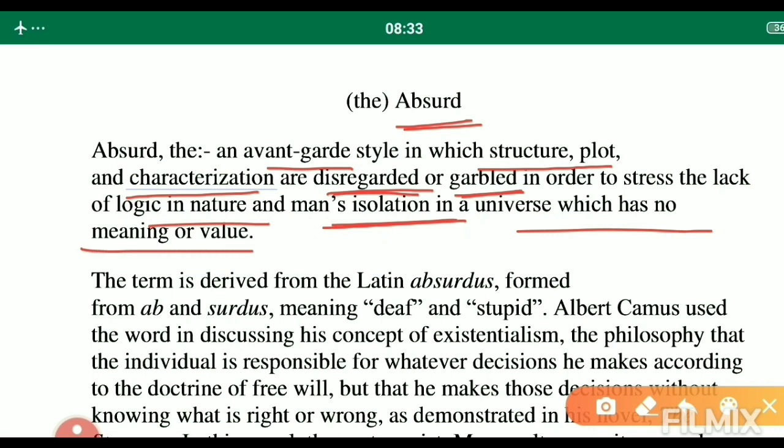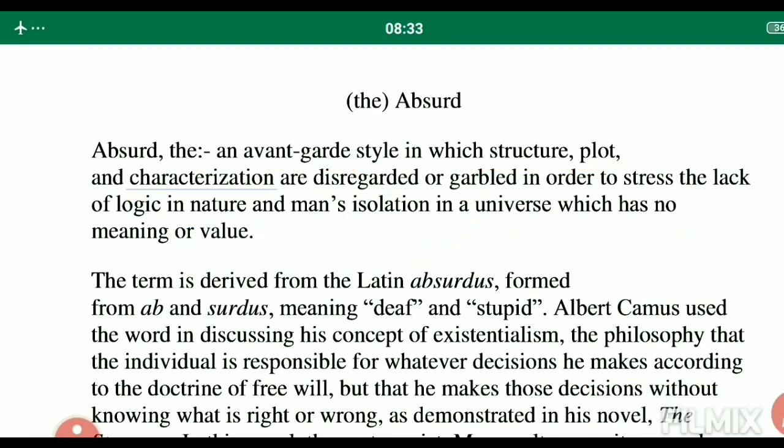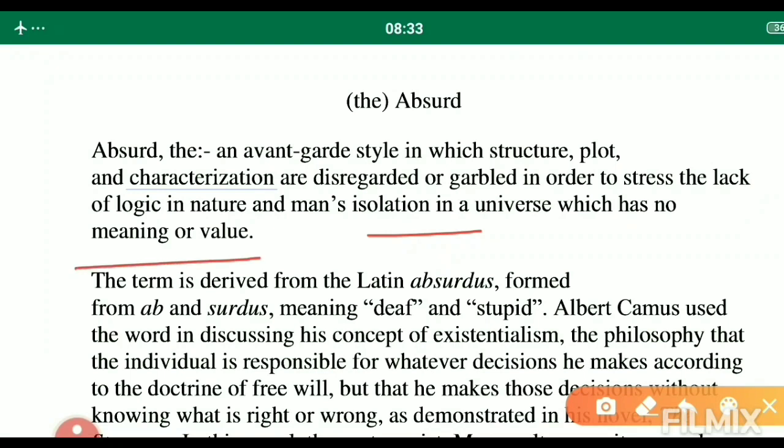So absurd is an avant-garde, a new modern experimental term, written in style or in structure, plot, and characterization, in which these three are disregarded or garbled in order to stress the lack of logic in nature and man's isolation in a universe which has no meaning or value.